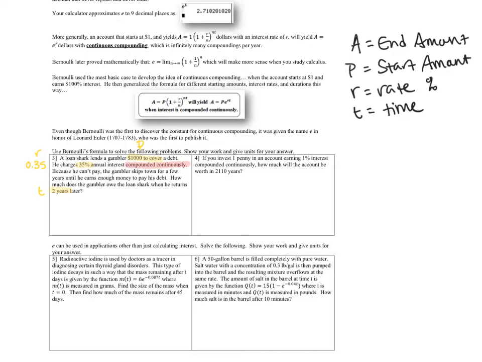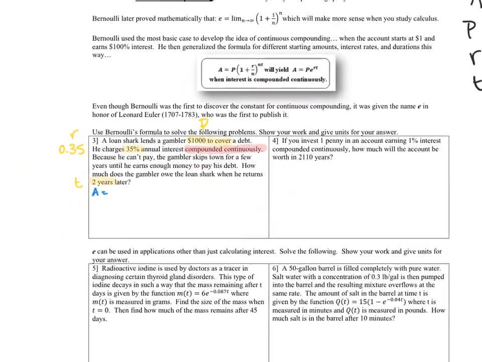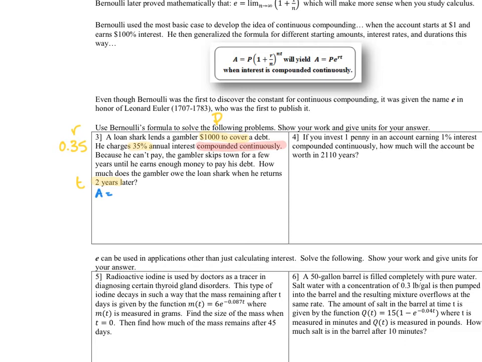Let's set up our equation. A is equal to our start amount of $1,000 times e to the 0.35, that's our rate, times t. So whatever our time is going to be.